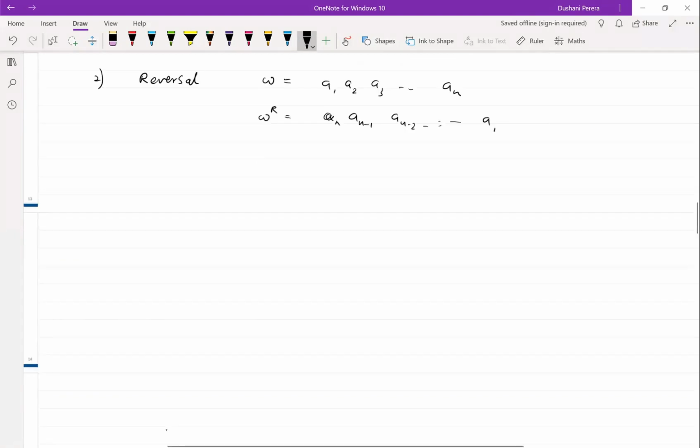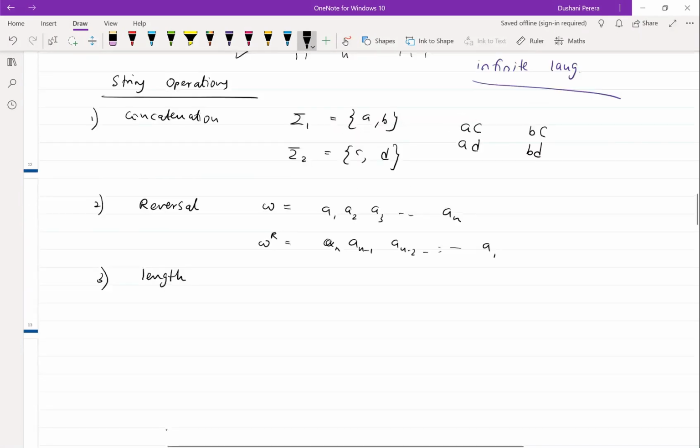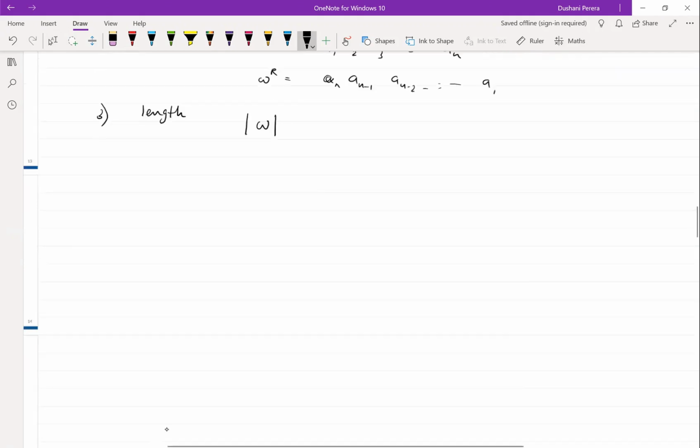The next one is the length of a string. We know what length is. We discussed when we began the lecture that the length of a string can be taken by the absolute value or modulus. So if we take the same string W, the length of W will be the absolute value of W. And thereafter, we talk about a substring.